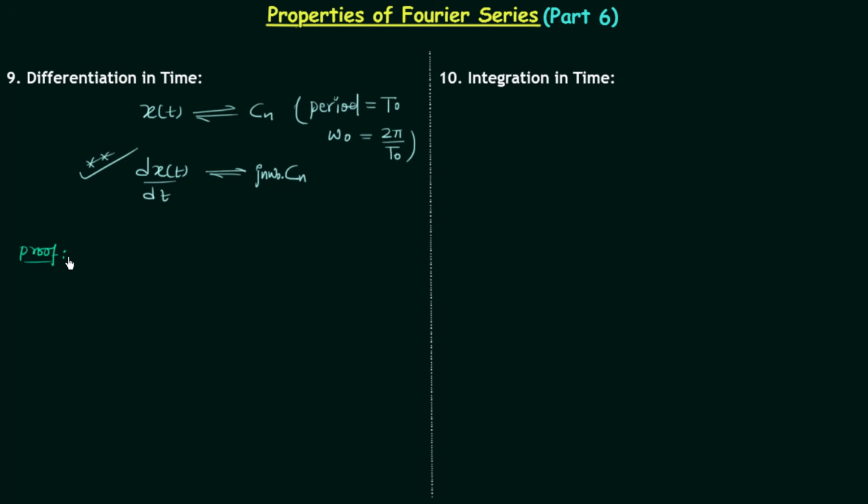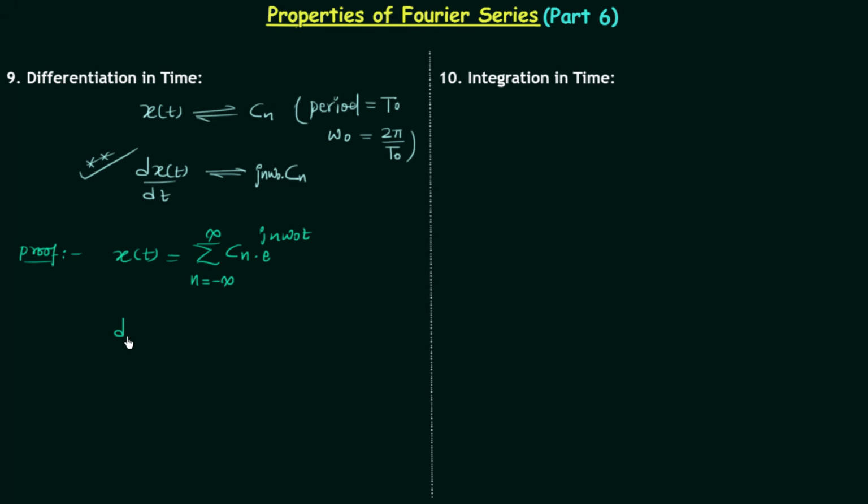The proof is very simple. First we will write the complex exponential Fourier series expansion. Signal x(t) according to the expansion is equal to summation n equal to minus infinity to infinity, coefficient Cn multiplied by e power jn omega naught t. And now we will differentiate both the sides.